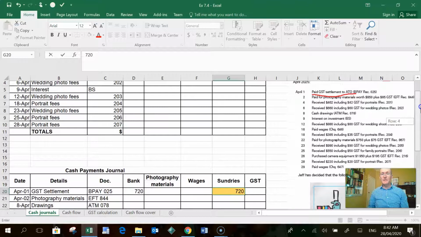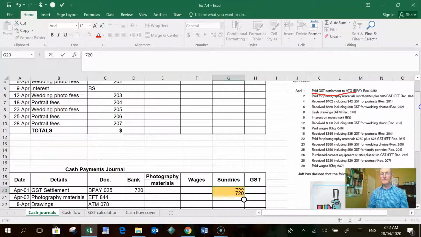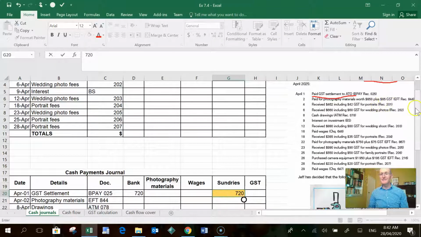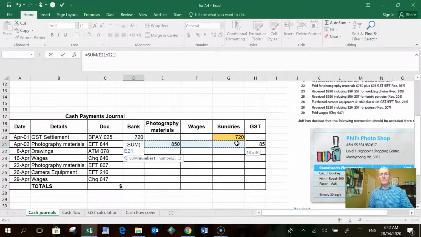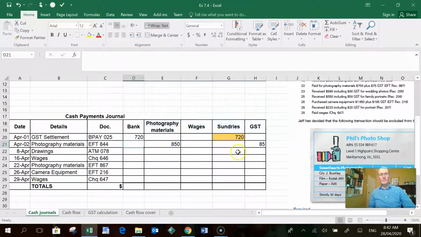Okay, let's go to the other transactions. Paid for photography materials, $8.50 plus the GST. Then you add those two together. So $9.35 is what's paid for photography.